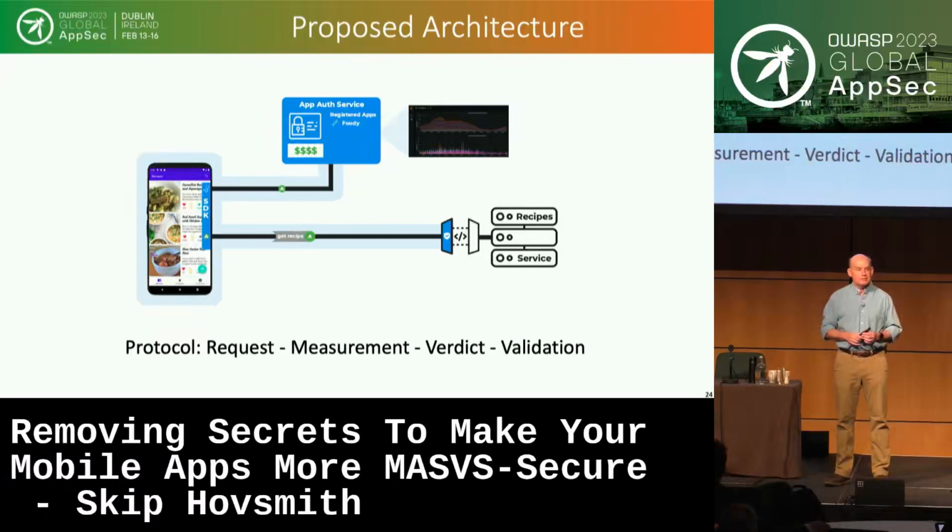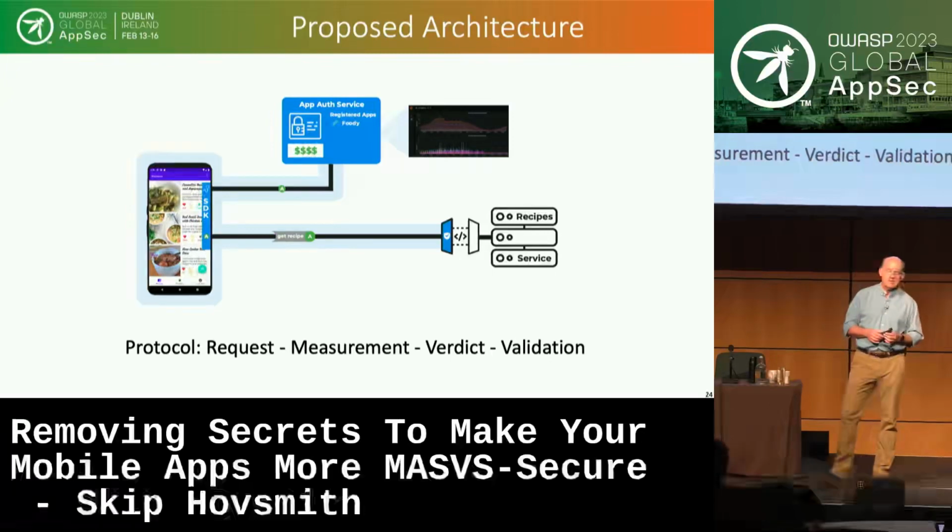And the app auth service will actually make the decision as to whether this application appears to be safe or not. If it's safe, it will return a JWT token that's properly signed, which could be valid for a very short period of time. The SDK will intercept the networking call. In this case, the OkHttp stack would use just a basic OkHttp interceptor.